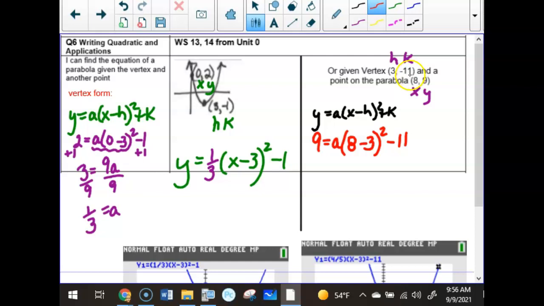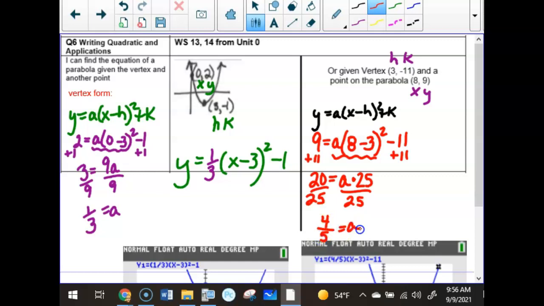All right. This is multiplied together. So to get rid of that 11, I would add it over to the other side and get 20. And what is 8 minus 3 and then squared? Times 25. So to get the a by itself, I'd have 20 over 25, which I think if you reduce by 5 is 4/5.